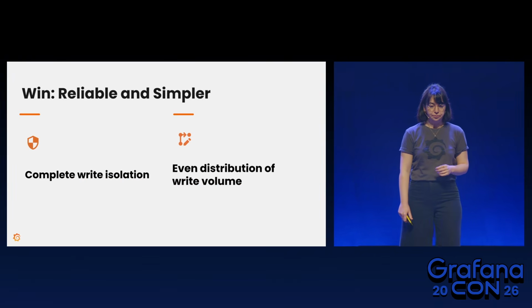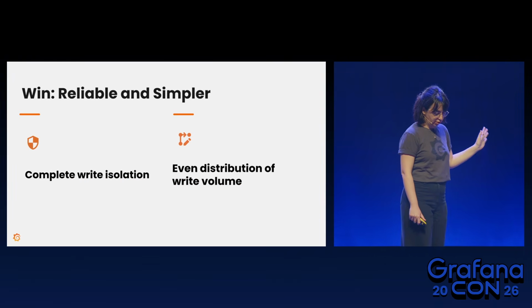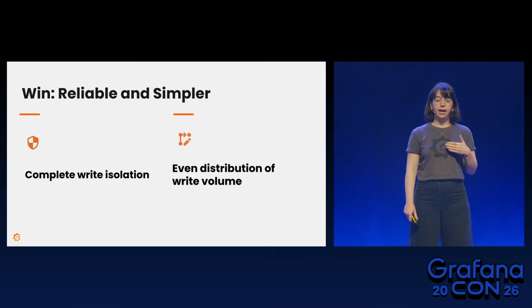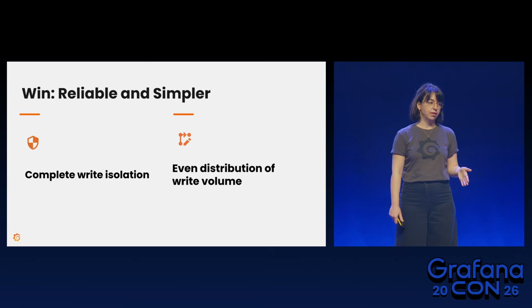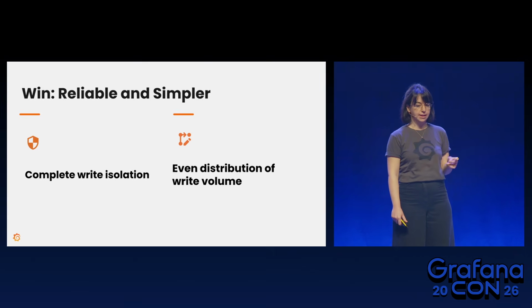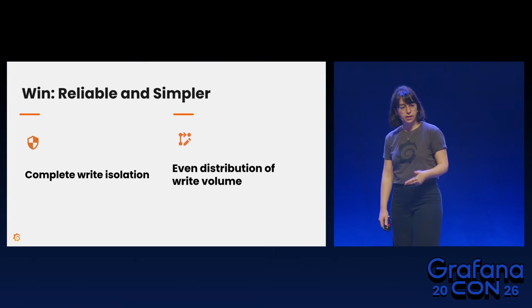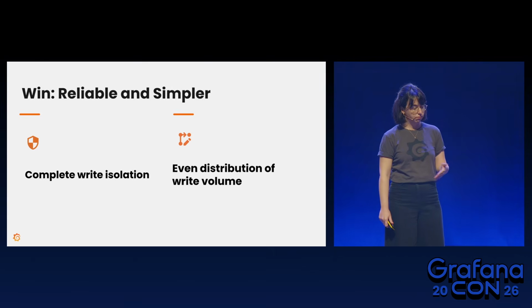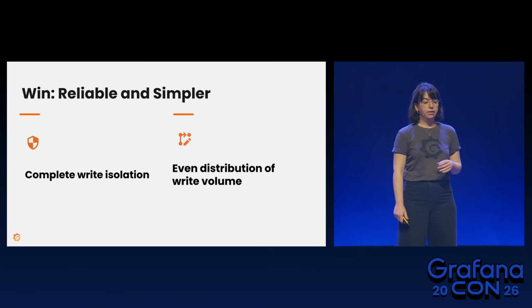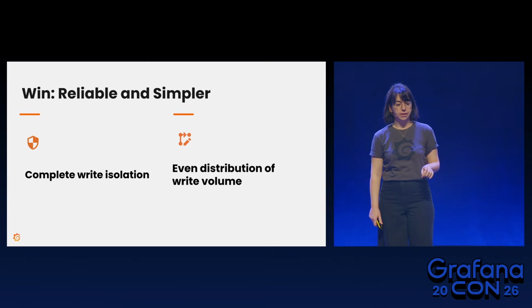Let's recap. The new world on the new write pipeline gives us complete write isolation from reads. So no ooming ingesters, no compute overheads. We can already see our reliability is even better. And we are not compromising on high availability.